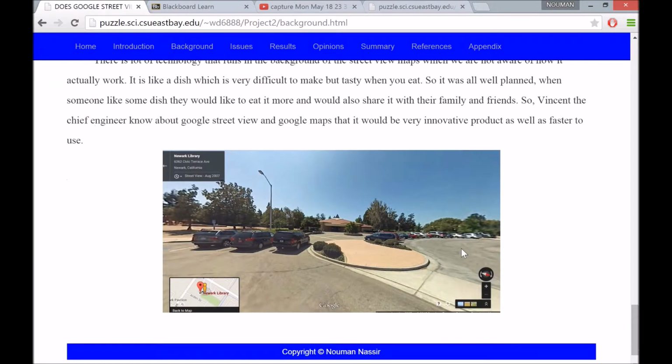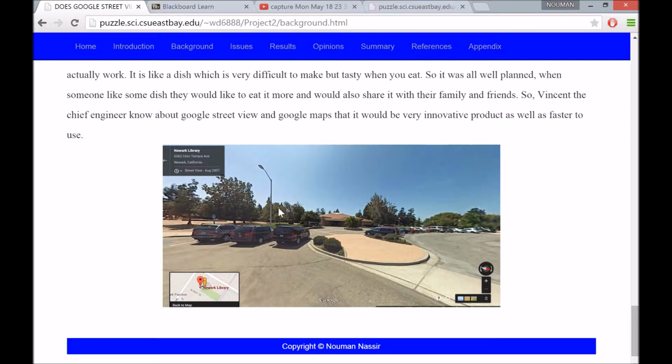So today, whenever we use Google Street View, we can have a 360 view of any location. That was a combination of at least 15 pictures taken at different angles. That's how they achieved one complete picture of any location or place.